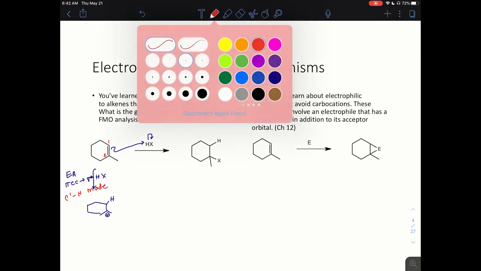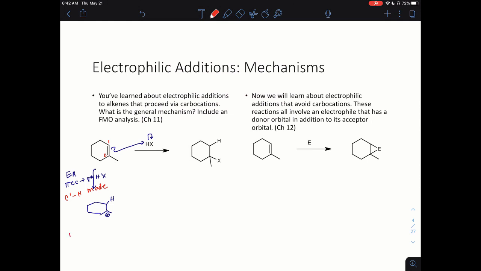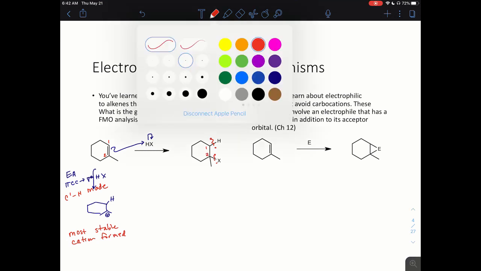So one of the bigger points that I want to make here is that carbocation stability is a very important factor in the outcome of these reactions. So we have the most stable cation formed. And it's an important factor in the regioselectivity of these reactions, so which atom of the alkene bonds to hydrogen and which one bonds to X. It's also important in the stereochemistry.